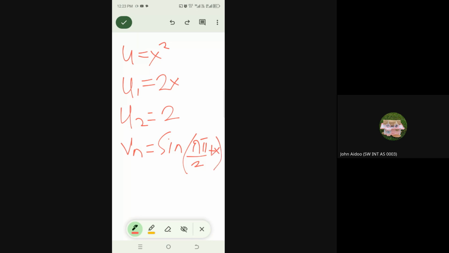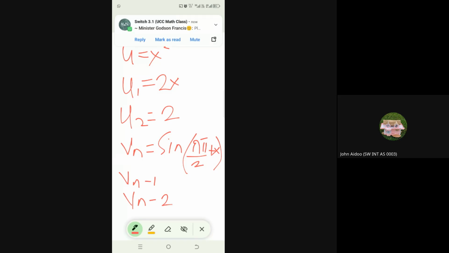So now we have to find v_(n-1) and then v_(n-2). Wherever you see n, for v_(n-1) it is going to be n minus 1 in brackets, pi over 2. And for v_(n-2), wherever you see n, you replace it with n minus 2. So that is what I have here.